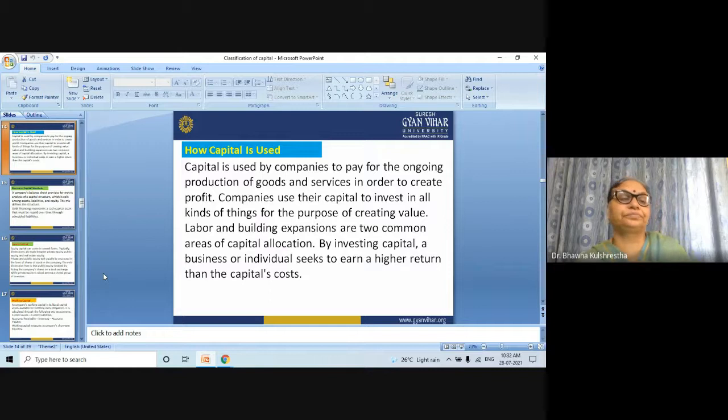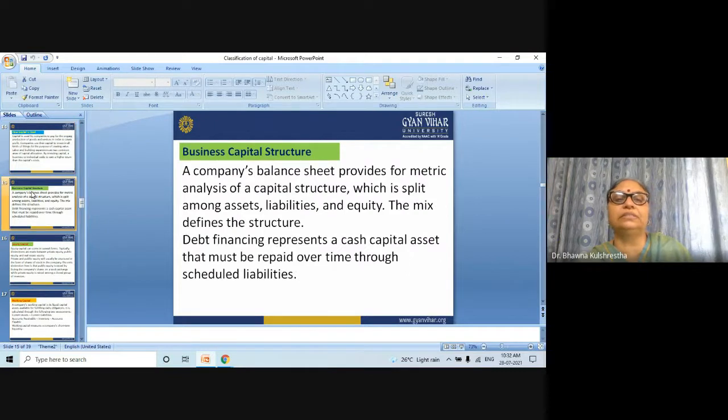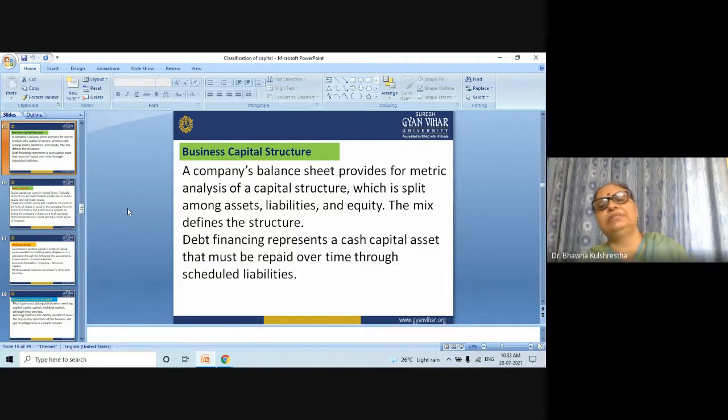The next is the business capital structure. A company's balance sheet provides for metrics analysis of a capital structure, which is split among assets, liabilities, and equity. The mix defines the structure.